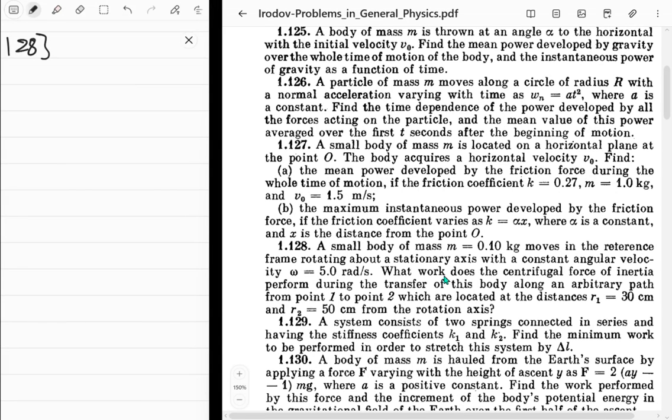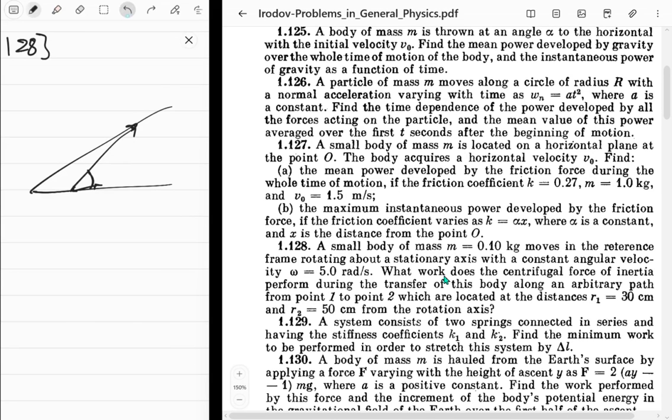Okay, point 1 to point 2, which are located at distance r1 and r2 from the axis. So the vector going from r1 to r2 has some tangential path. You should not think of it as a vector, but as a path. Instead of going from here to here directly, we could break this into some radial plus some tangential component.